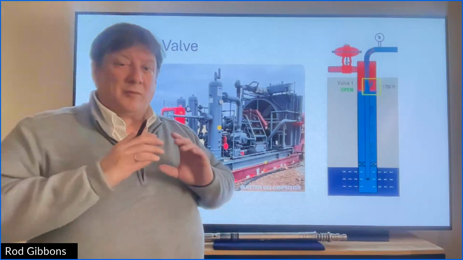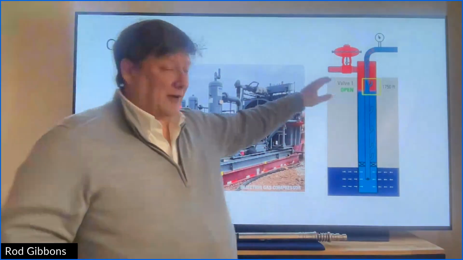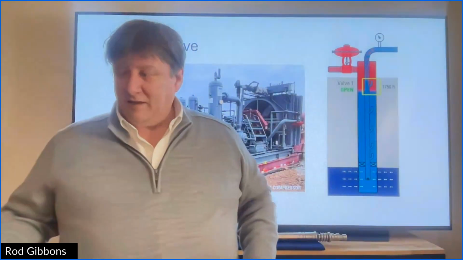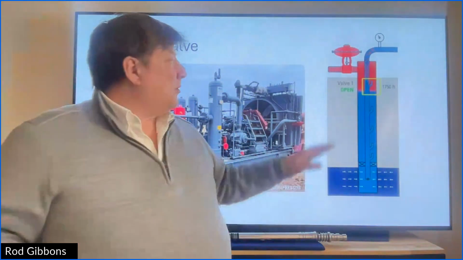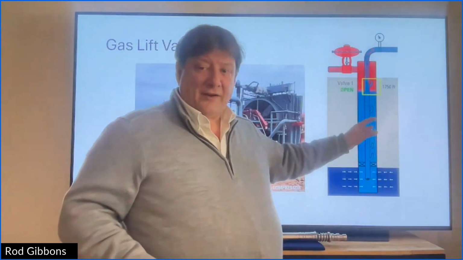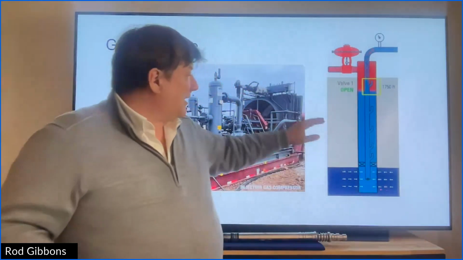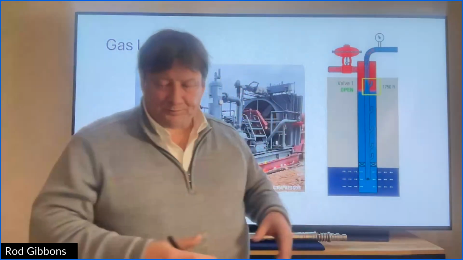So we're putting a lot of gas down here. In my straw example, I bubble it gently. Here we're going to put a lot of gas down, so we want to use the entire annulus volume.